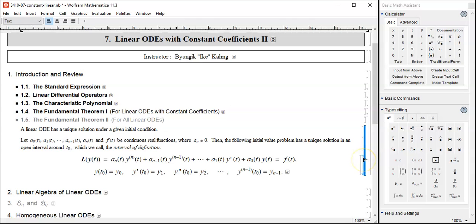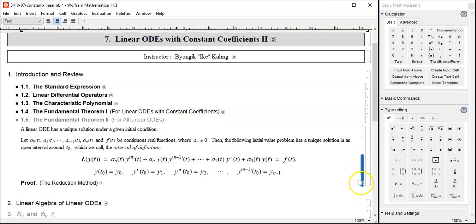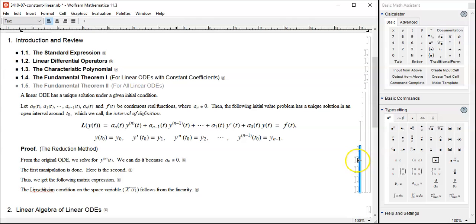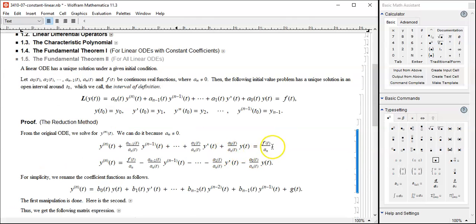I'll just tell you that it works out in the end. Eventually, we solve for the nth derivative of y because the leading coefficient cannot always be 0. Otherwise, this is not going to be an nth order. So solve for that. And then we get this kind of expression.